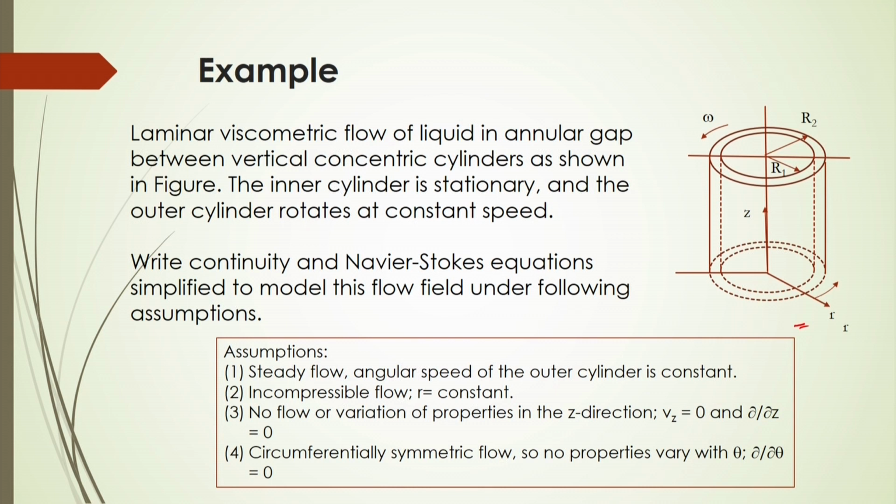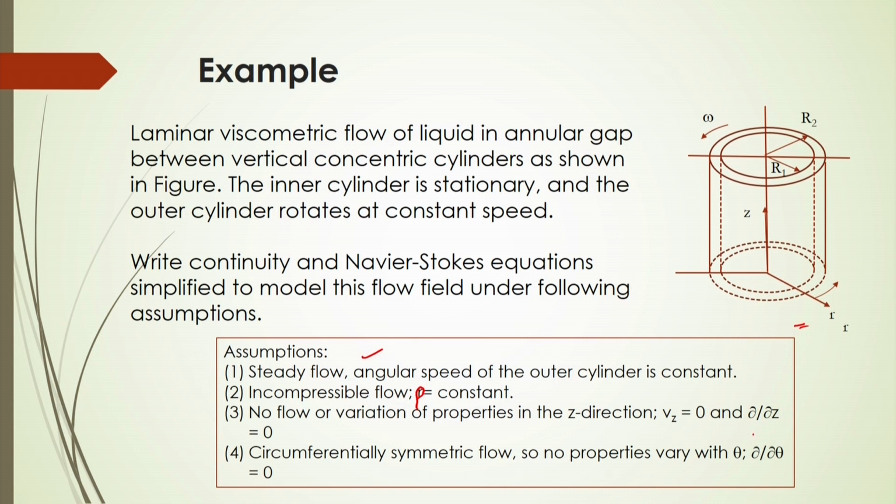In this condition you have to simplify the continuity and Navier-Stokes equations based on these assumptions: it is a steady flow, the angular speed of the outer cylinder is constant, the flow is incompressible, that means rho is constant, and there is no variation of properties in the z direction.